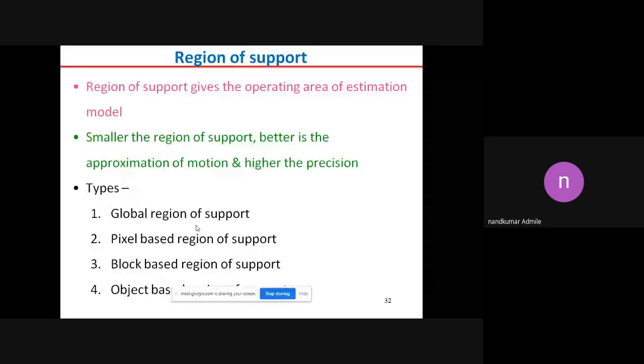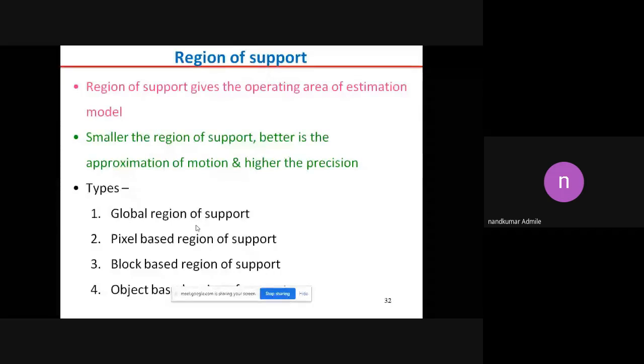So how can we detect the motion? If the object is moved from one place to another, there might be a change in pixels. How do we detect the change in pixels? For that, we have to consider the different regions of support.